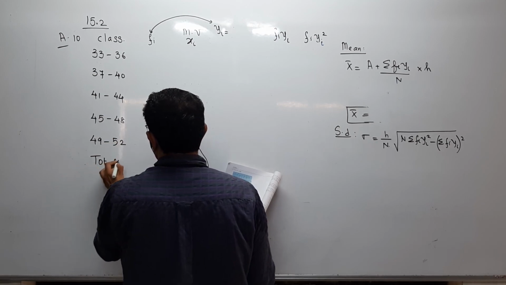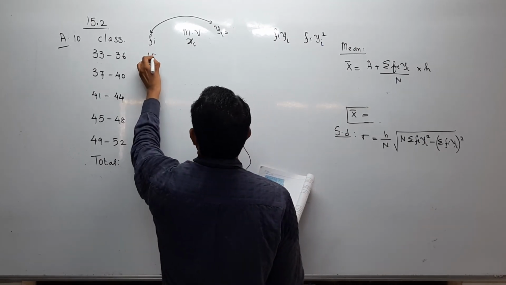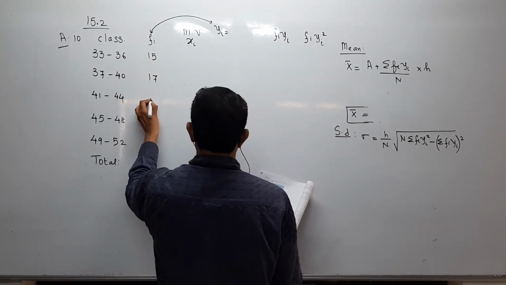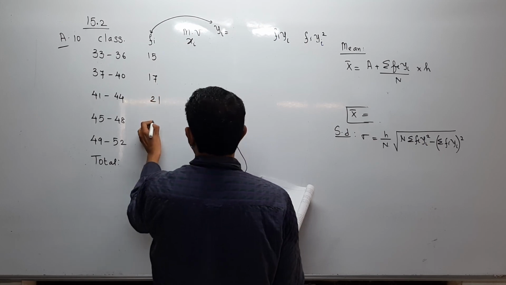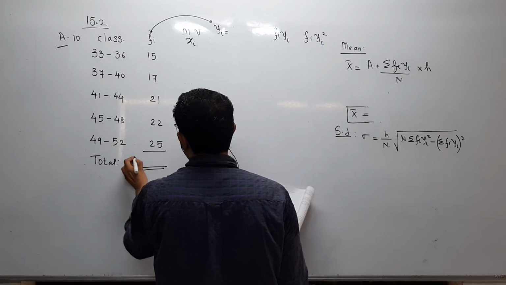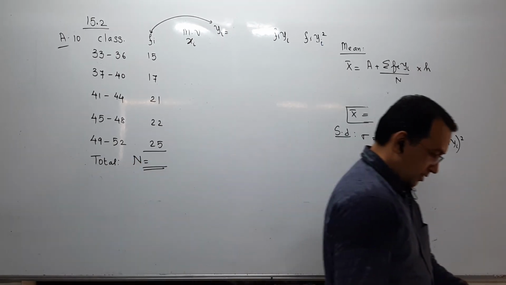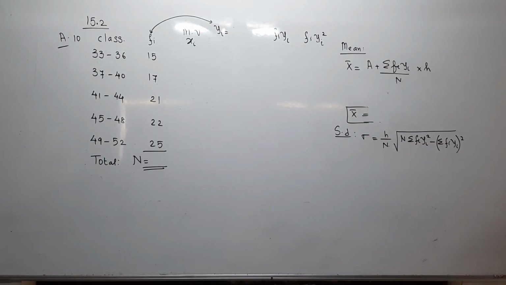Then the frequencies are 15, 17, 21, 22 and 25. Here it is given to find standard deviation and mean.